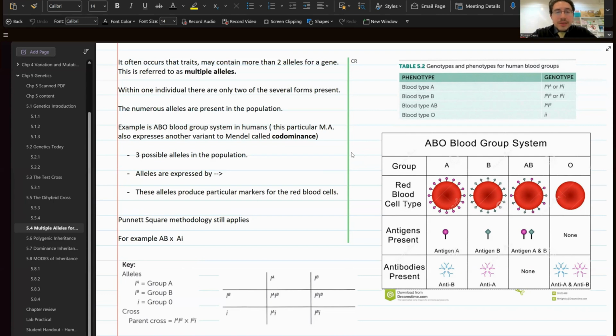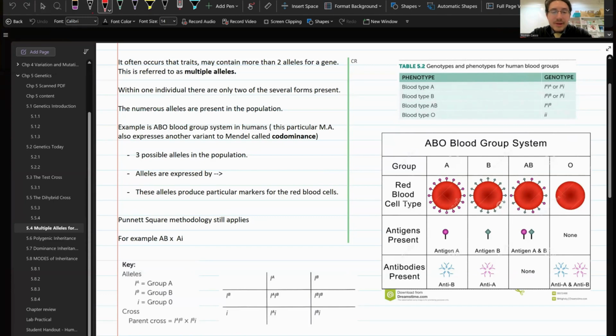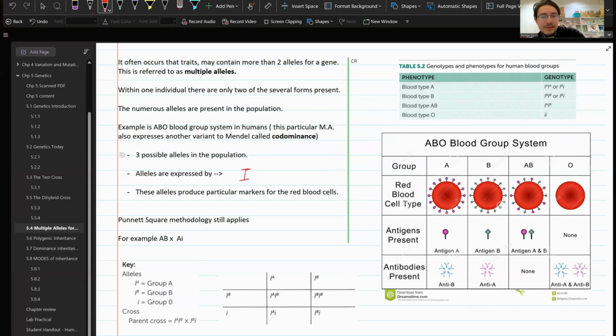In the case of blood type, there are several types: blood type A, blood type B, blood type AB, or blood type O. These alleles are expressed by having a little marker designated by an I, which represents the presence of what's referred to as an antigen.